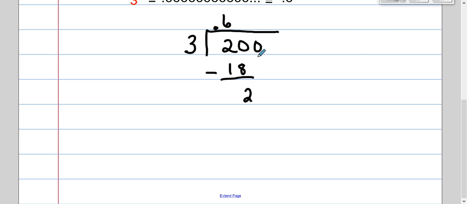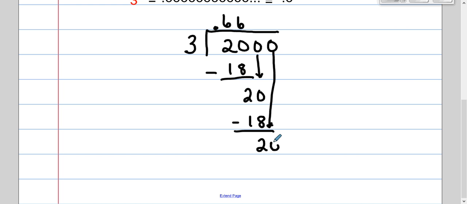I'm going to bring down a 0. 3 goes into 20 6 times. 6 times 3, 18. Now when I subtract, I get 2. Bring down another 0. 3 goes into 20 6 times. 6 times 3 is 18. Subtract, and I get 2 again.